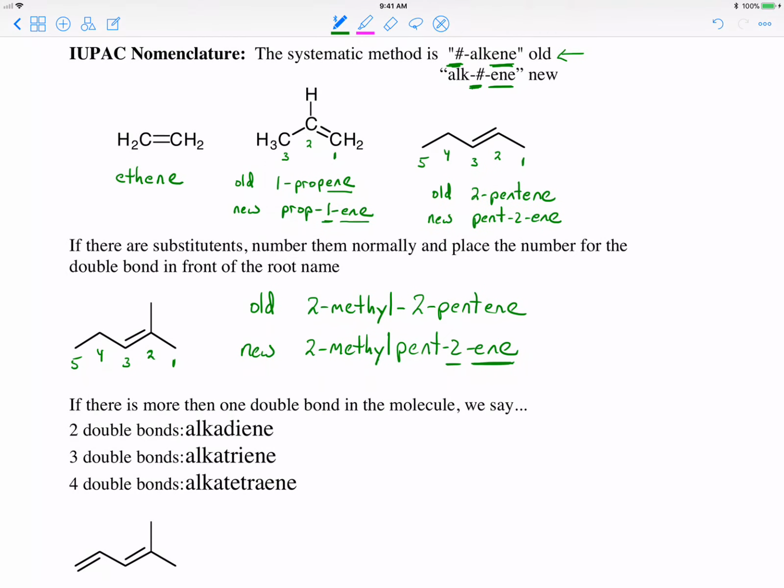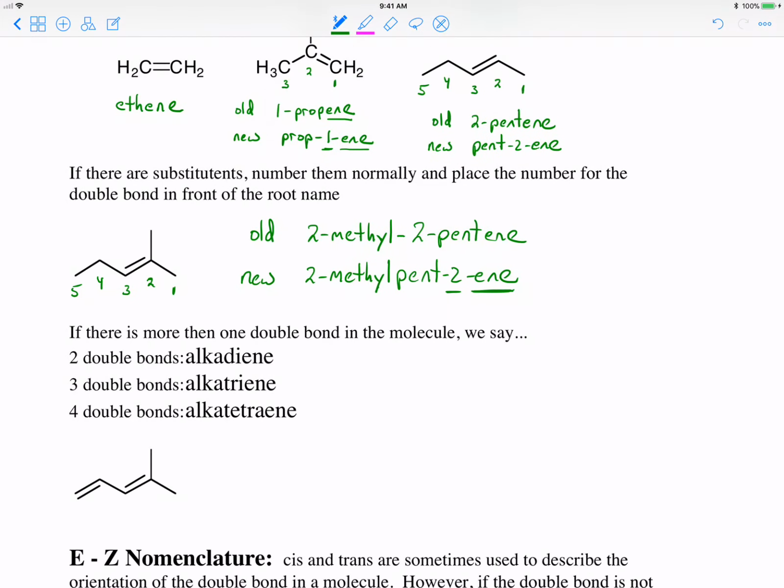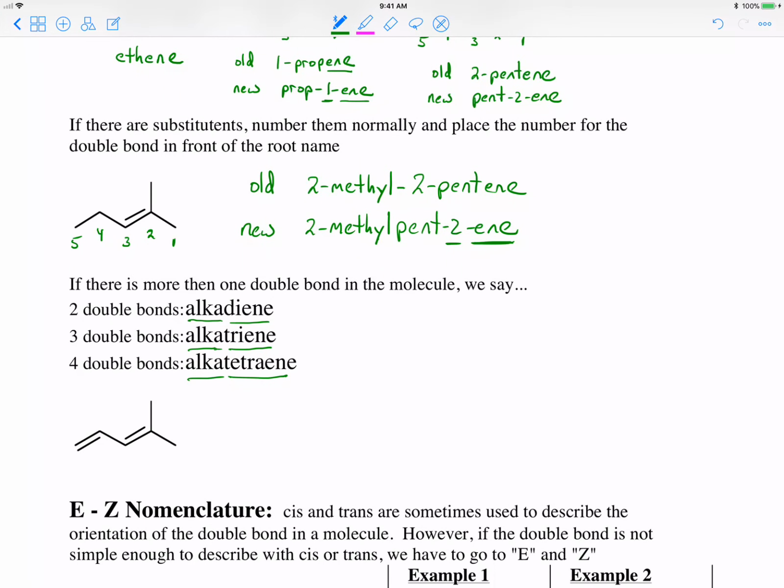If there's more than one double bond in the molecule, then we say it's an alkadiene or an alkatriene or an alkatetraene. This one's going to be an alkadiene. But what type of alkane?